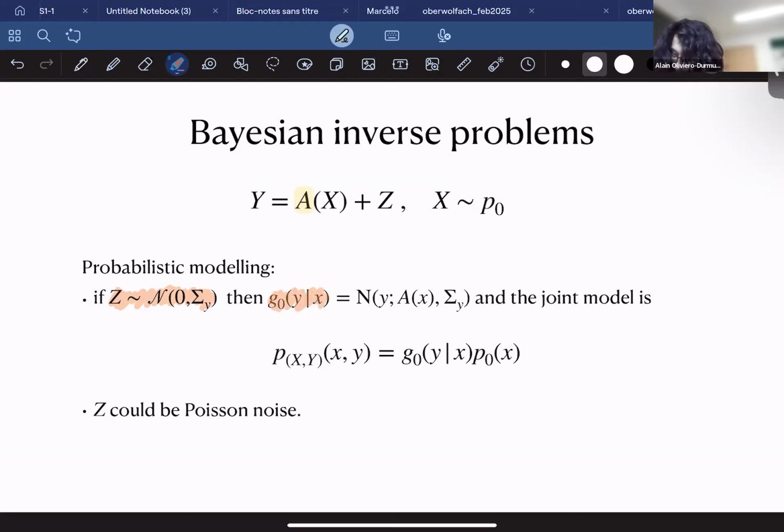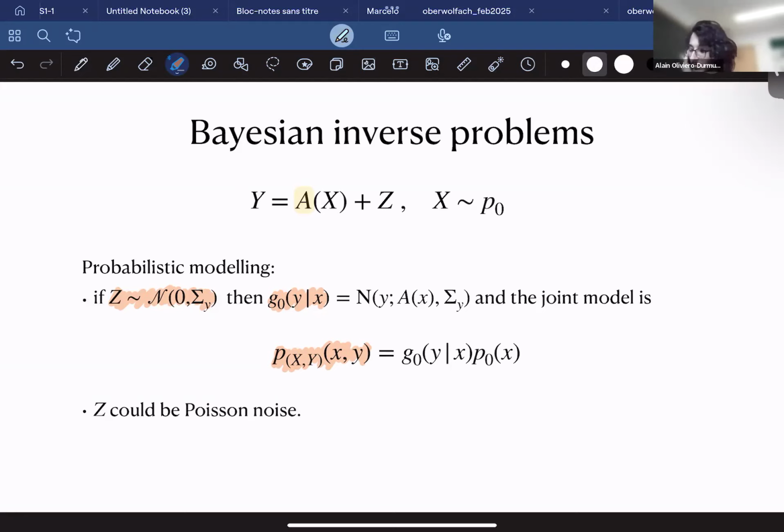It's simply a Gaussian density with the right mean, AX, and the covariance Sigma y. Based on this likelihood and the additional prior, it gives me the joint model, p(x, y), as simply the product of my likelihood and my prior distribution.